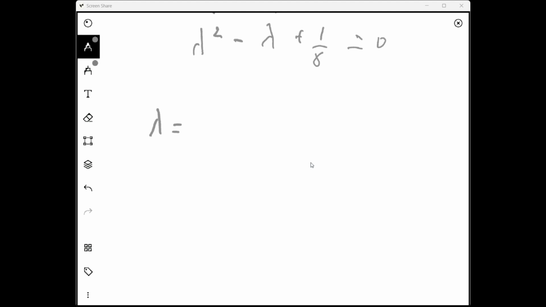we find lambda is equal to, how do we do it? It's minus b, so 1 minus or plus the square root of b squared minus 4ac, over 2a.